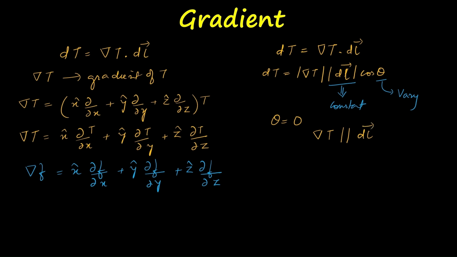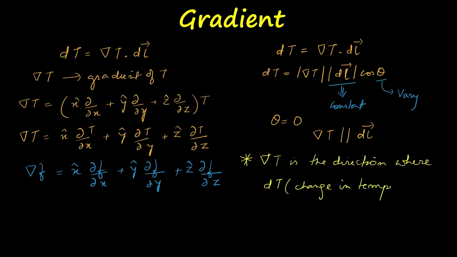So using this information, we can say that the gradient of T is the direction where dT, that is the change in temperature, is maximum.